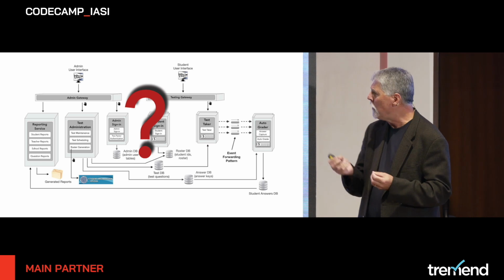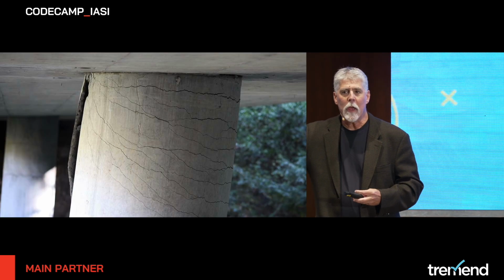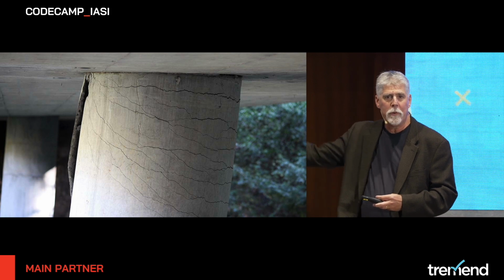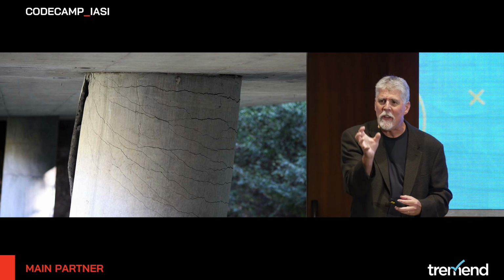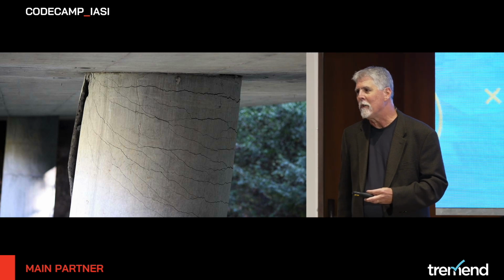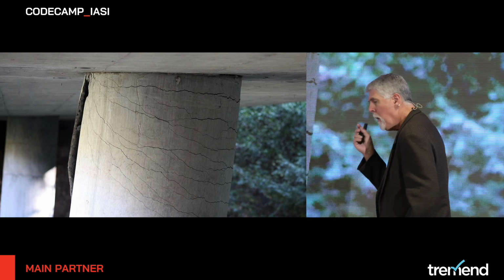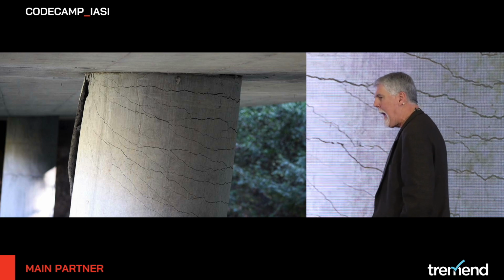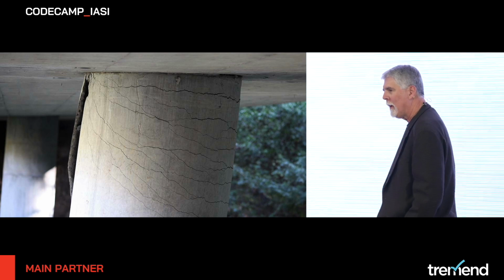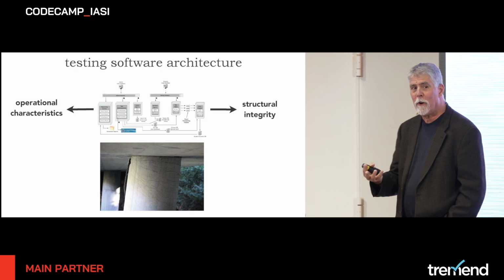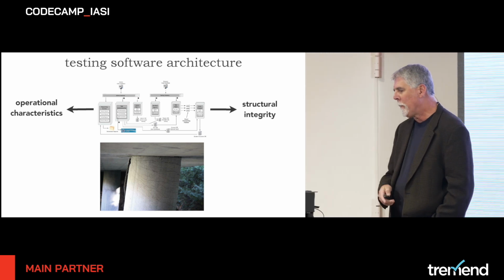Because essentially, what we're really looking for is structural decay. Just like this pylon holding up a highway bridge, we're looking for the cracks and seams within our architecture. So how do we do this? Let's take a look at two main ways of testing architecture, separate from the functionality. As a matter of fact, there's two main processes.